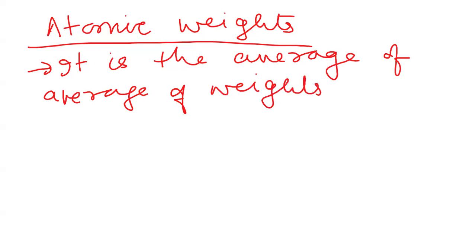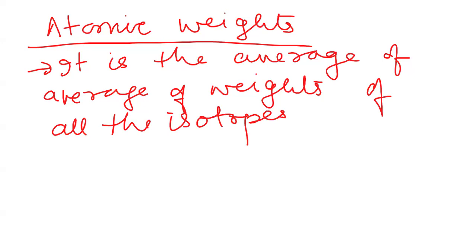Means it is basically talking about the isotopes. So we will add up the isotopes first of all. Therefore it is written that it is the average of weights of all the isotopes of that element.